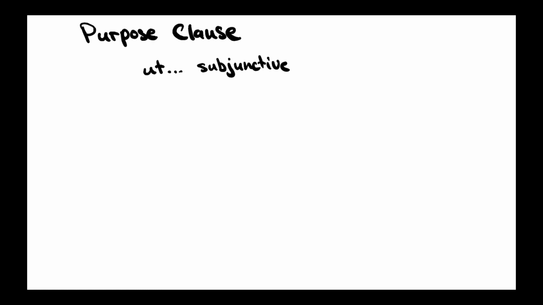If it's being negated, because you can have a clause that's negated, then it's going to be introduced by ne, and then your subjunctive. So if you see ut or ne in the subjunctive, you could be dealing with a purpose clause.